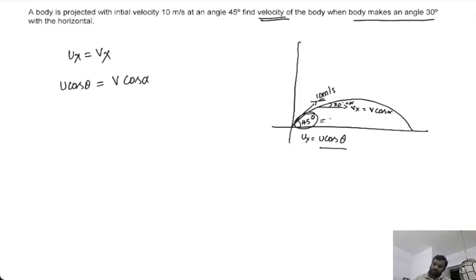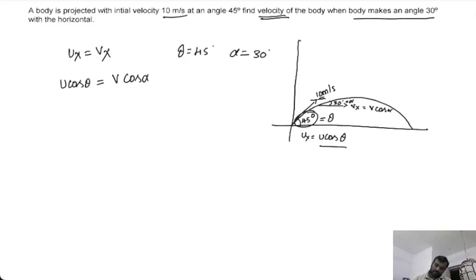According to the question, theta is 45 degrees and alpha is 30 degrees. The value of u is given as 10 meter per second.